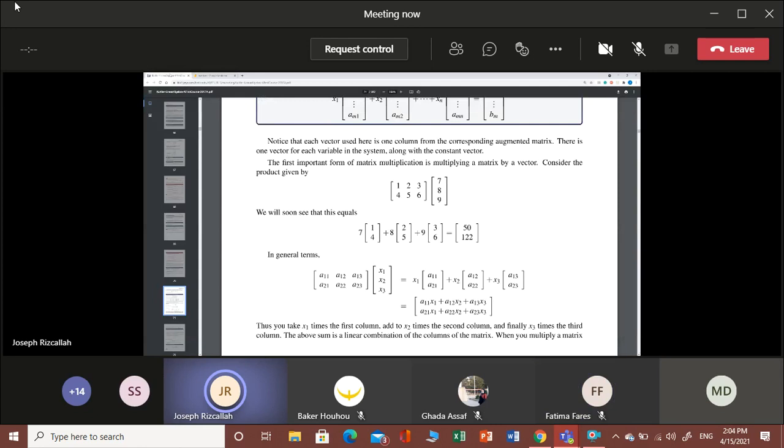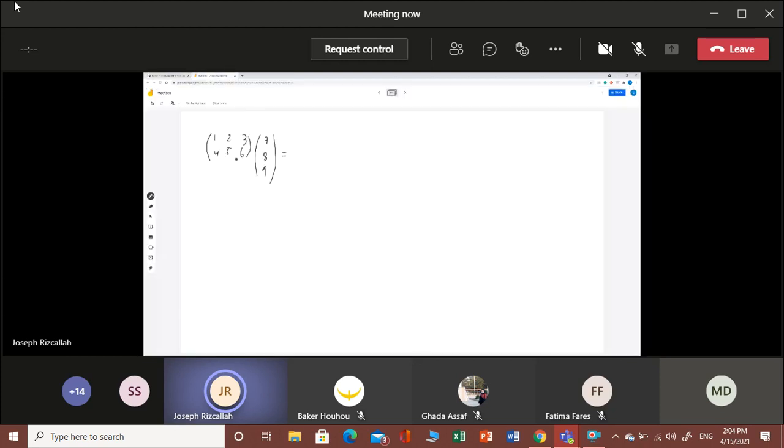So now, how do I multiply this matrix by this vector? Notice that the size of this matrix is 2 by 3, and the size of this vector, of course, is 3 by 1. This 3 and this 3 are the same, and only in this case can I multiply.